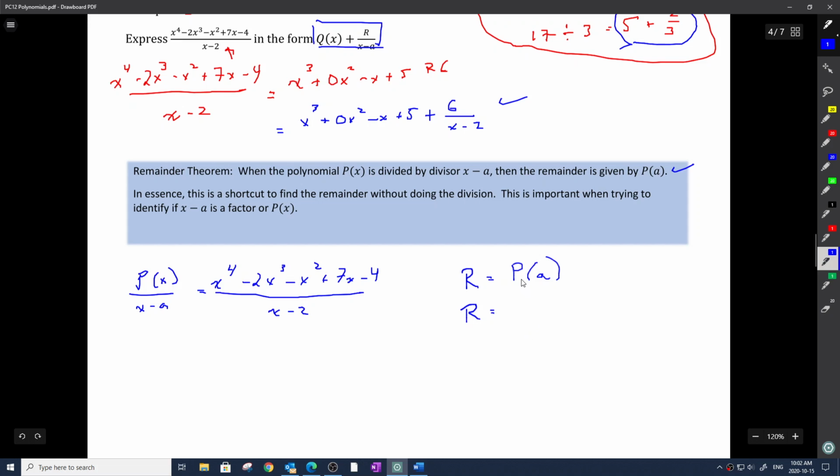All we have to do is figure out p of a, whatever that is. If our divisor is x minus a, there's no coincidence that this says x minus a and there's an a there. So if our divisor is x minus a in our example, if we want to calculate the remainder, a is equal to 2. The p of a. Now what does p of 2 mean? It just simply means plug in 2 into your polynomial.